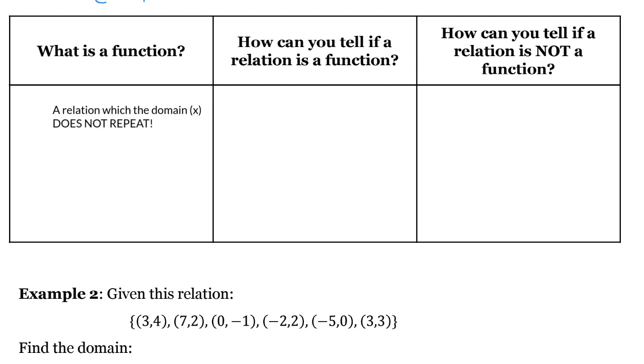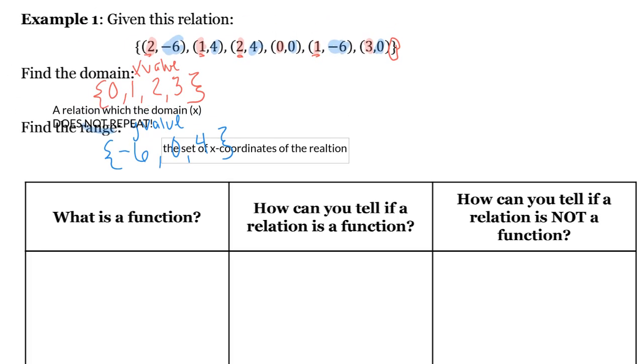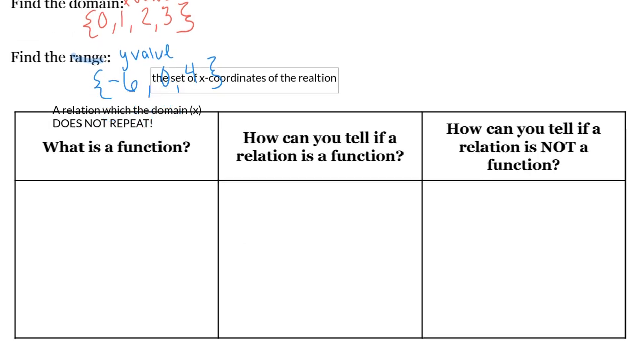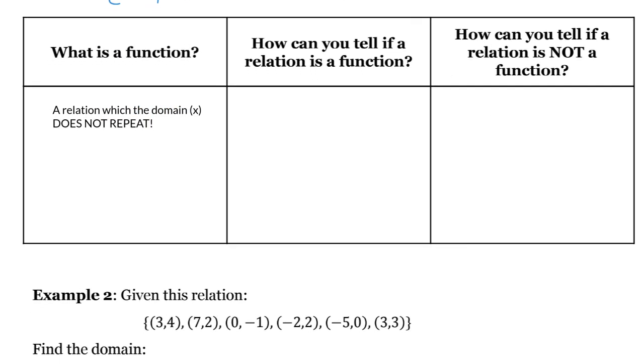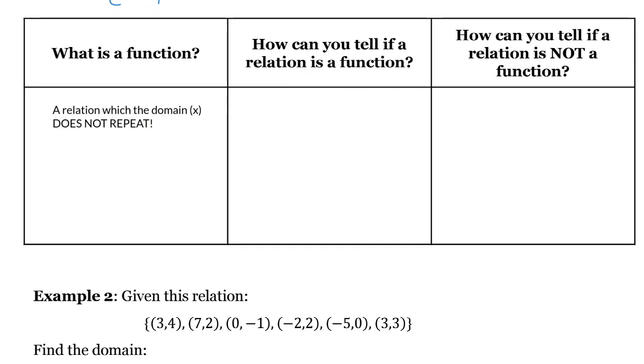So that's super important. Our x cannot repeat. So looking at this example above, where we had 2 ones and 2 twos, that's not a function because it repeats, right? So it's a relation in which the x values do not repeat.